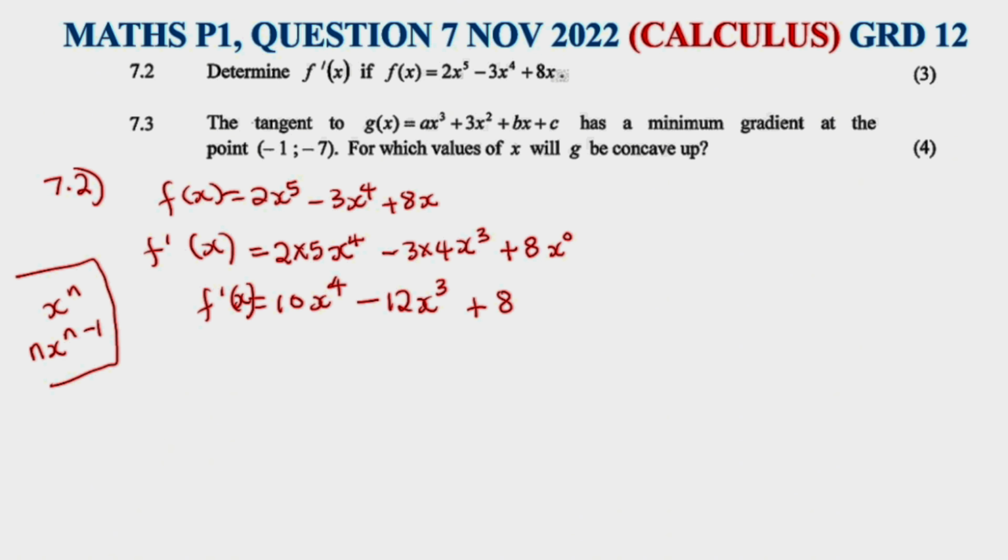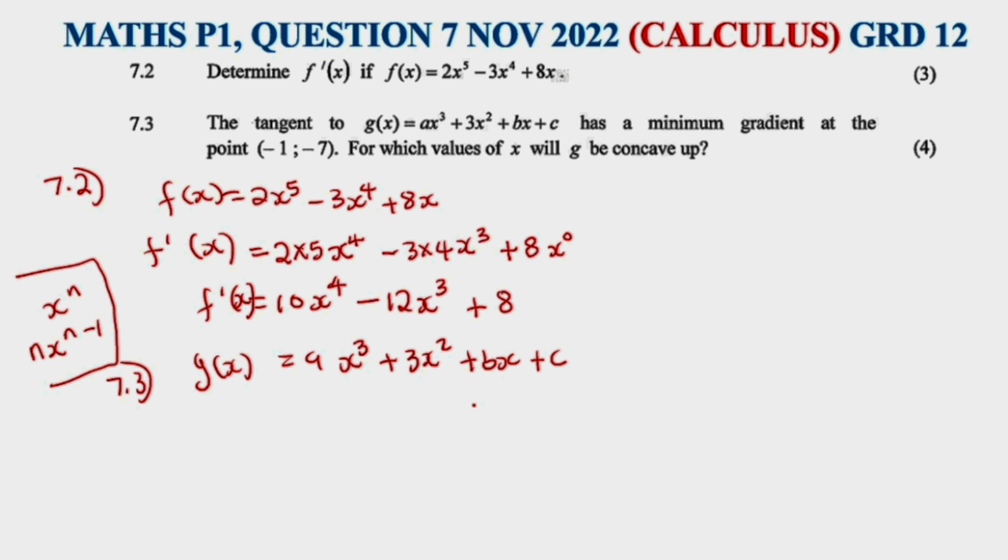So now let's come to question 7.3. It's saying g of x is equal to ax to the power 3 plus 3x squared plus bx plus c. What is the question saying?